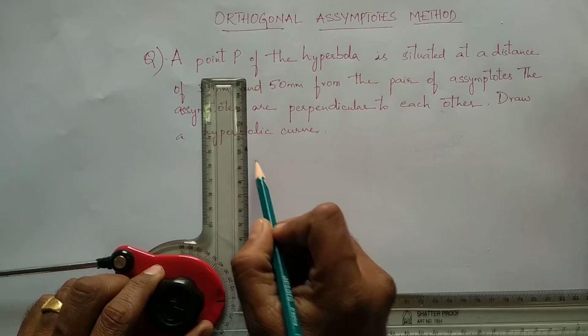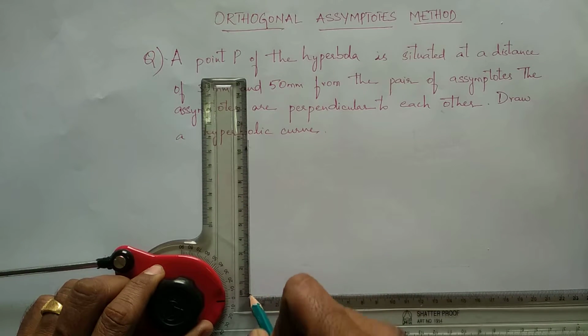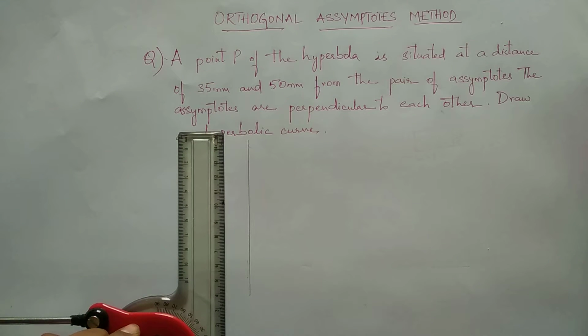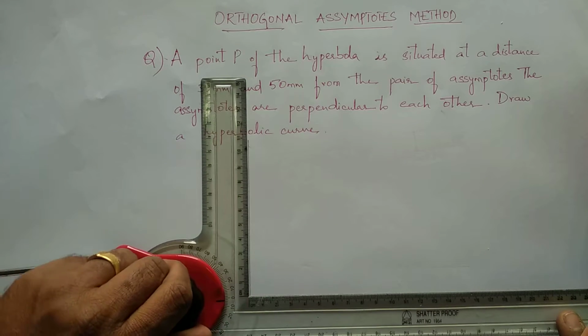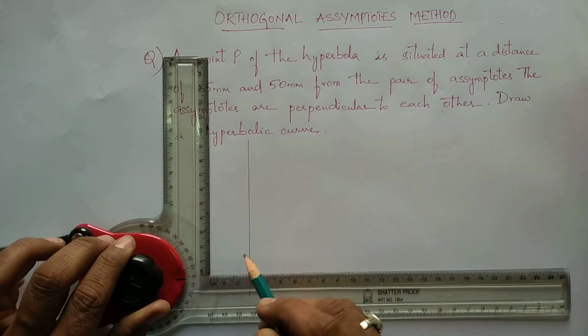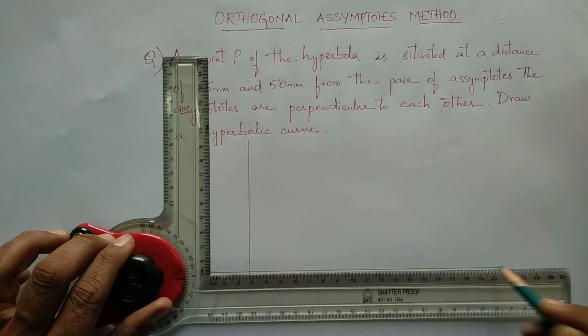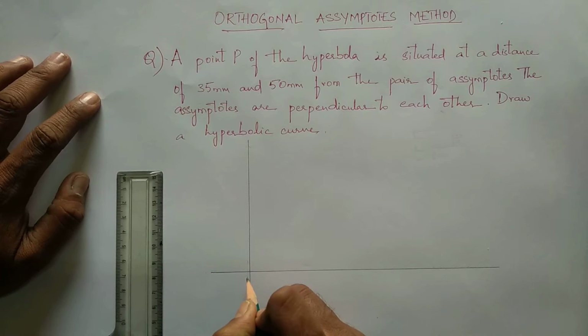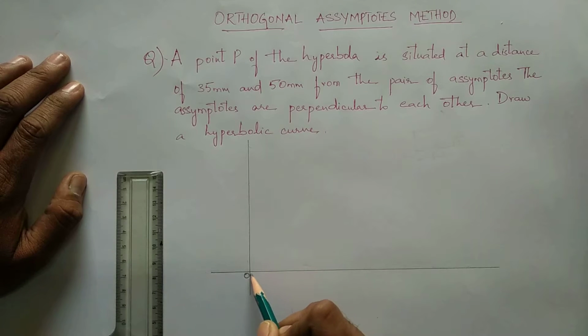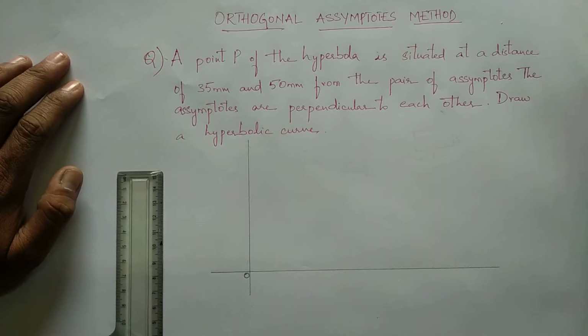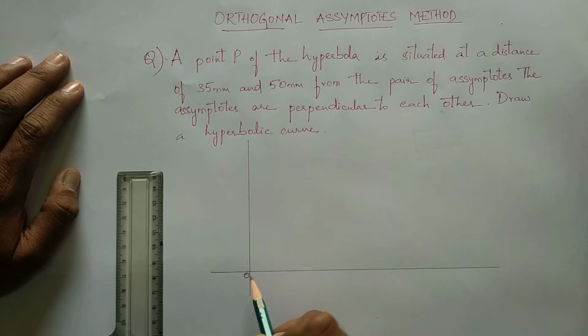First, draw a vertical line of any length using a 2H pencil. Keeping your drafter scale parallel to this line, draw a line perpendicular to this vertical line, such that where these two lines meet at a point, mark it as O. Now we have to locate the point P of the hyperbolic curve at distances of 50 mm and 35 mm.